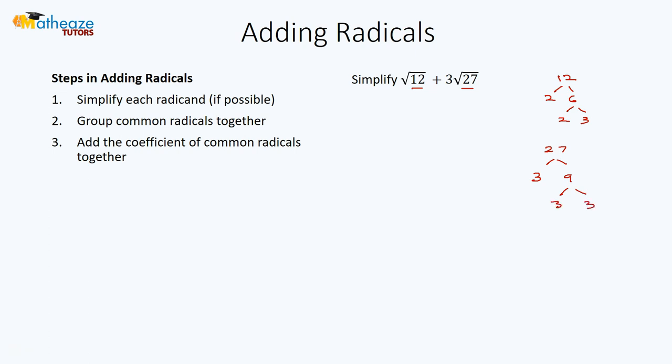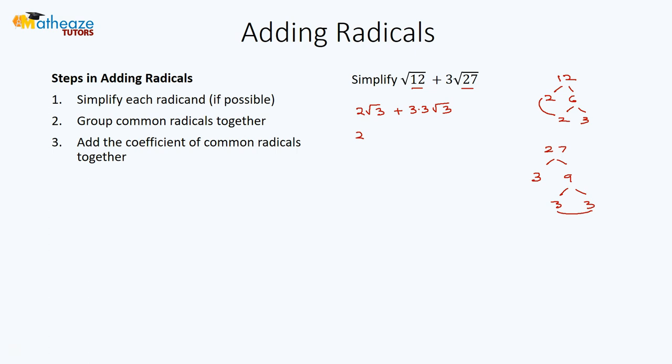So we replace square root of 12 with, because we have a pair here, 2 square root of 3, plus 3. And then square root of 27, we have a pair of 3's here, so we're going to multiply by 3 square root of 3.